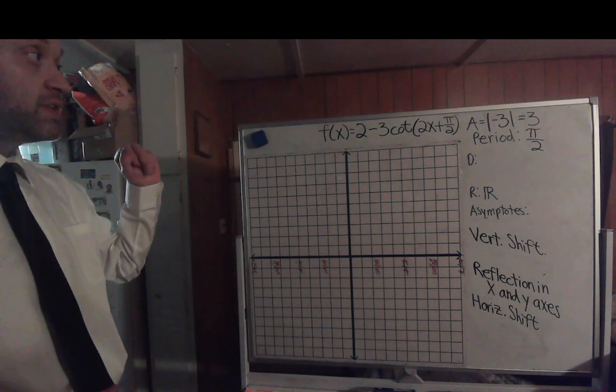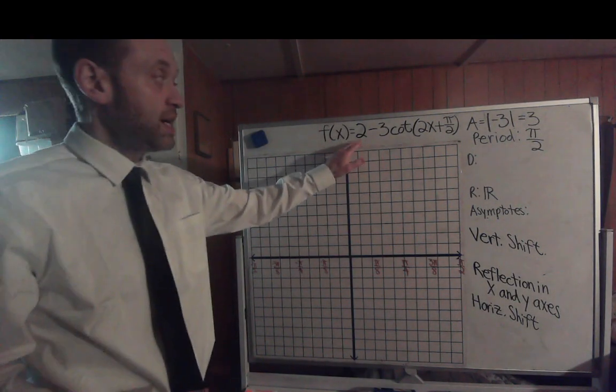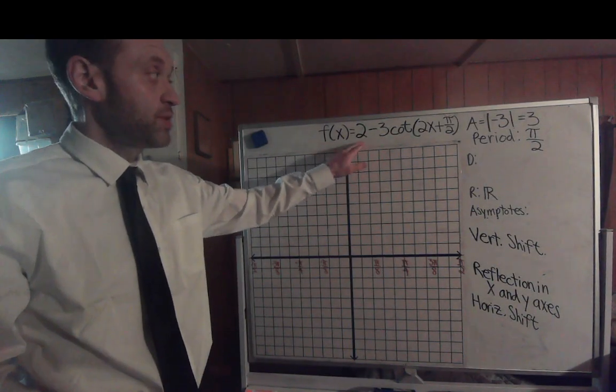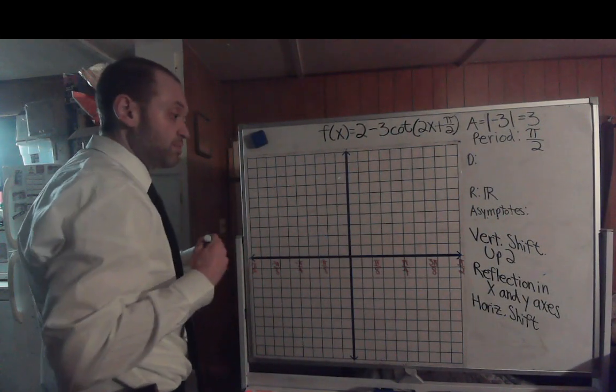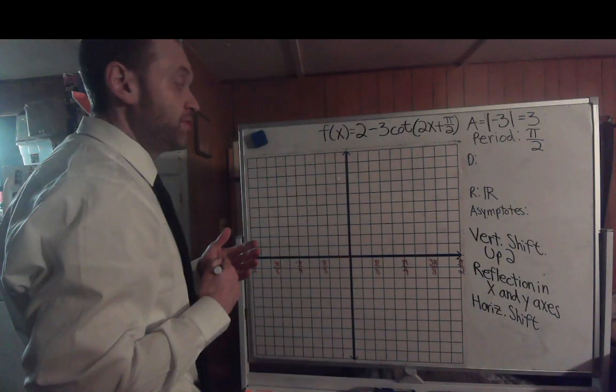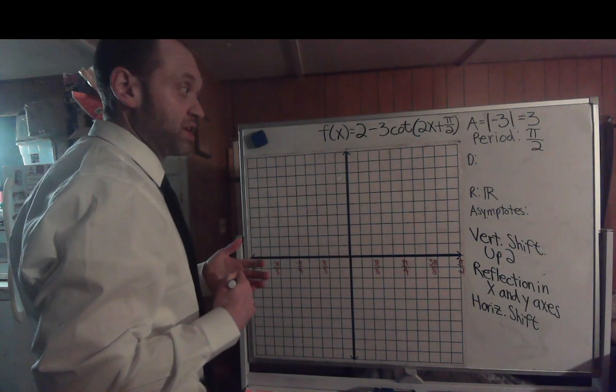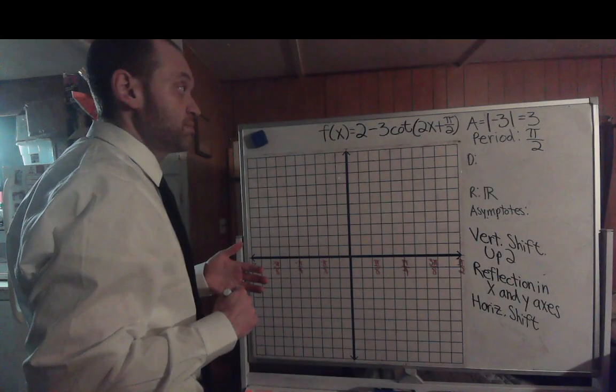Now, we can definitely ascertain that this positive 2 before the -3 cotangent, that's a vertical shift up 2 units. Your range is still going to be all real numbers. Now, where it's about to get fun is going to be with your horizontal shifts in your domain and your asymptotes.